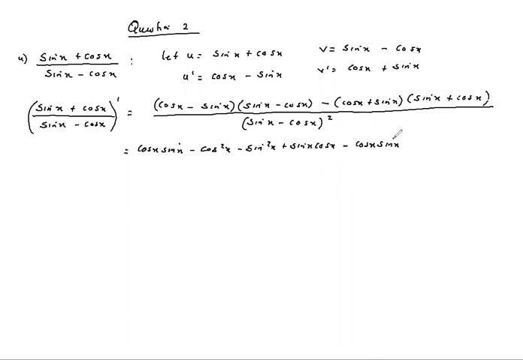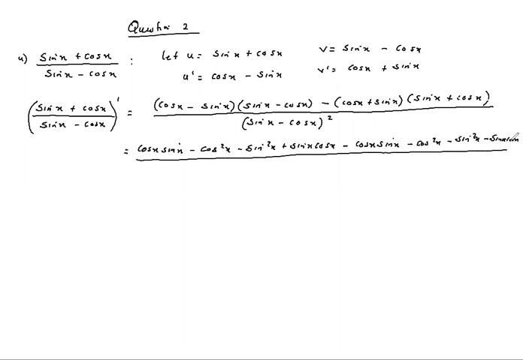So I've left the minus there because there's nothing positive inside, so everything will be minus, and then minus cos squared x minus sine squared x minus sine x cos x.